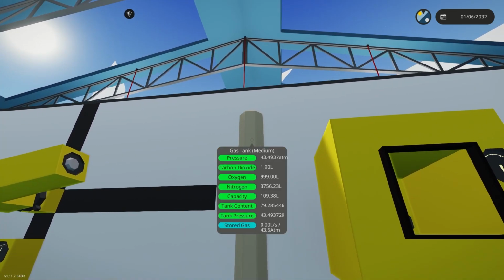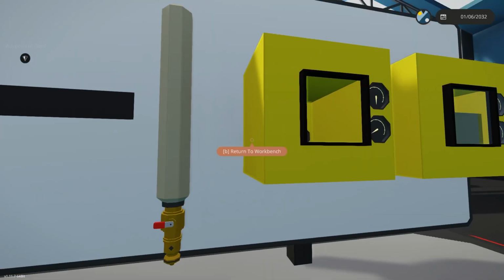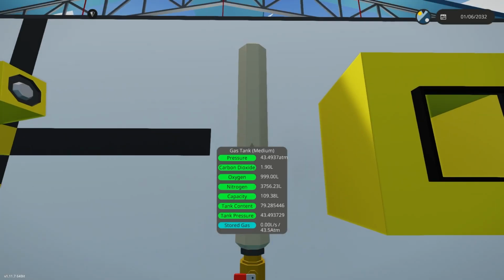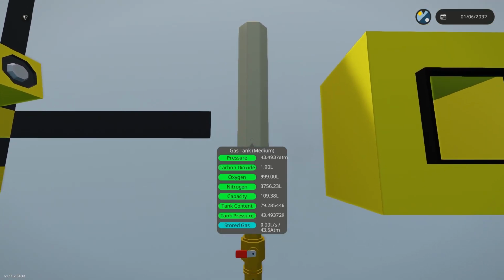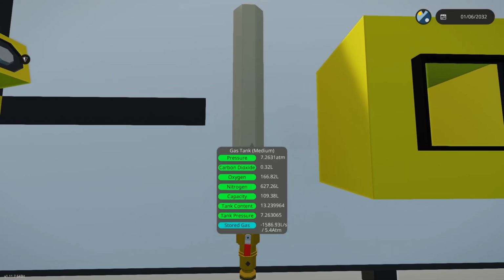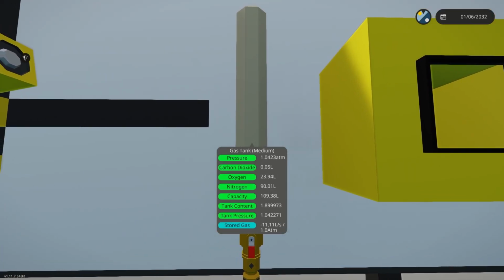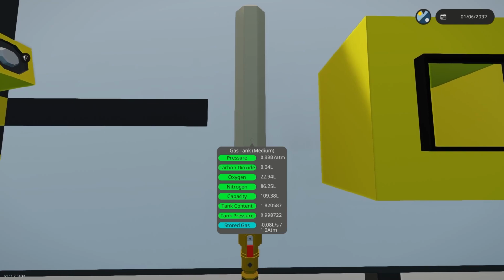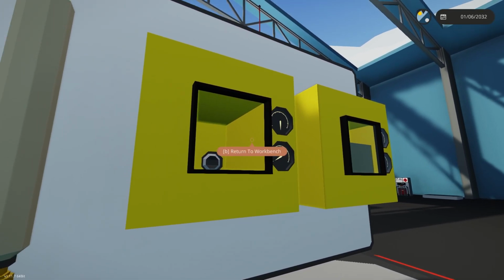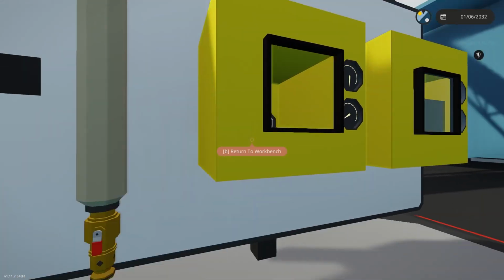Then the last thing is here, I just wanted to show you guys how the pressure thing works. We'll talk about this more again, but this is a tank that spawned in with air. You can see it's got 43 pressure in it. We're just going to turn this and let the air out. And so you can see the pressure is going to play a really big role on how much actual gas you have in there.